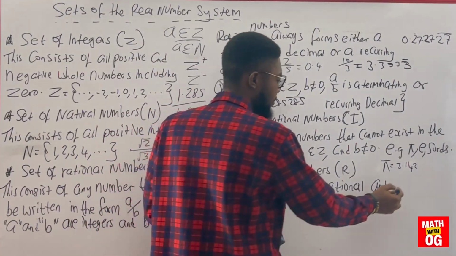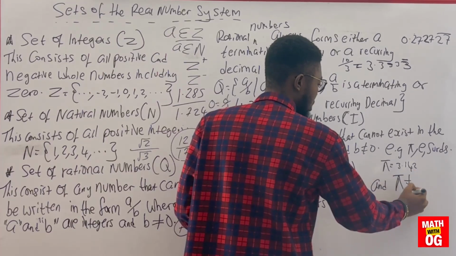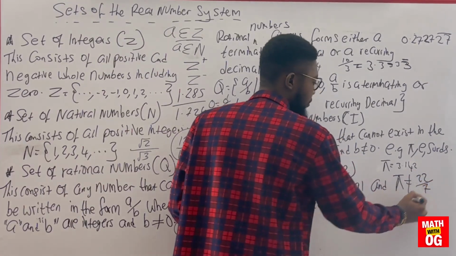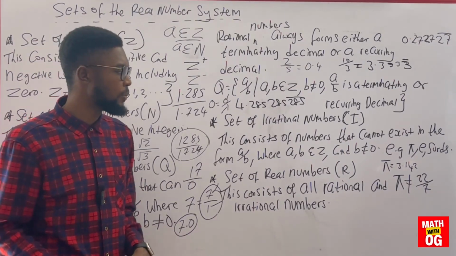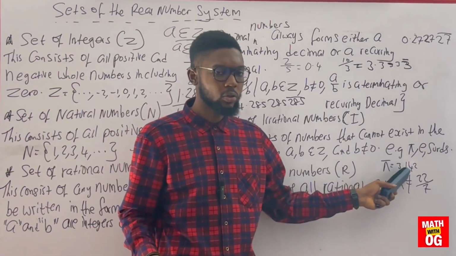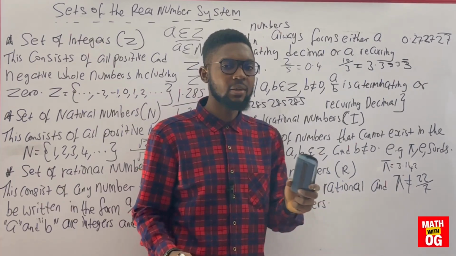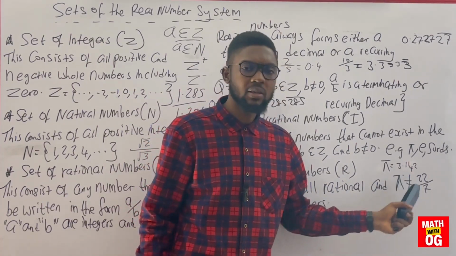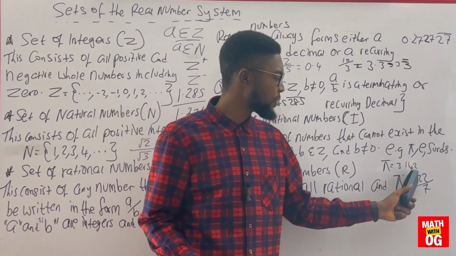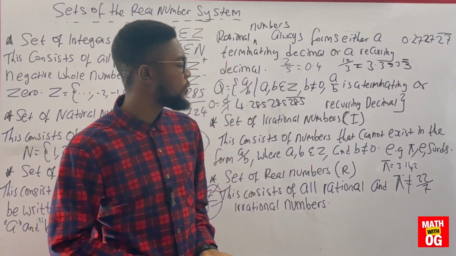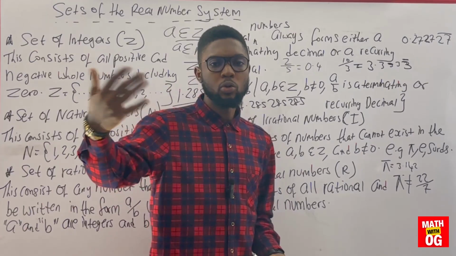And your pi is not equal to 22/7. Your pi is approximately equal to 22/7. But if you punch your pi on your calculator, the answer you will get is different from punching 22/7 on your calculator. So your pi's approximate value is 22/7, but its real value is 3.142 with so many more values.